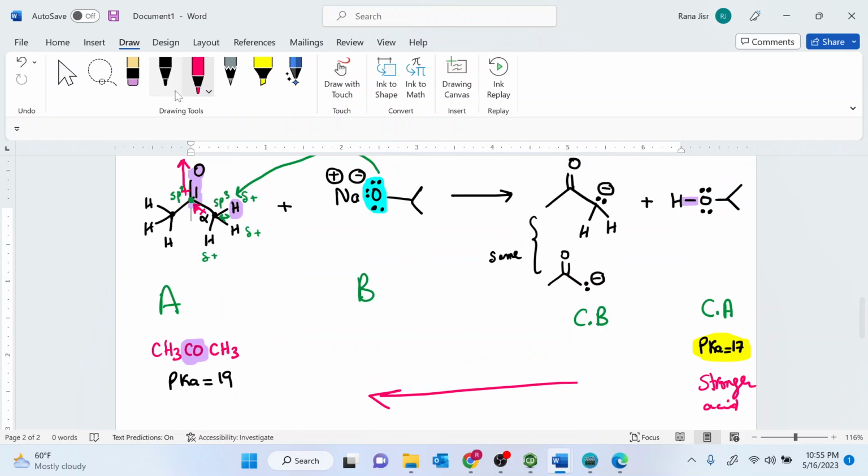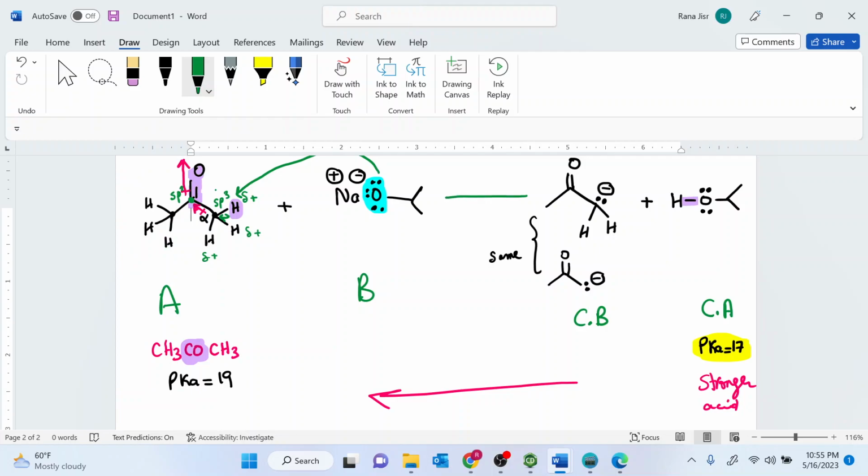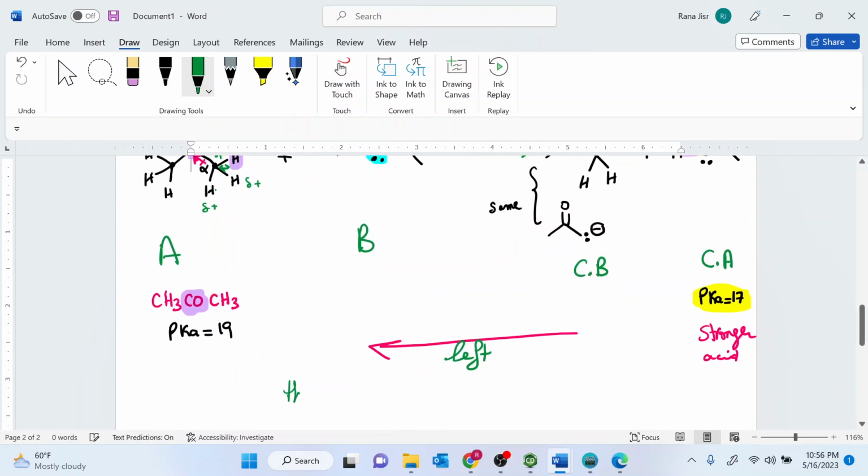So when I am drawing the direction of equilibrium in this case, it is going to be towards the reactants and a little bit towards the products. This means that the reaction lies to the left, and if the reaction lies to the left, the reaction does not happen as written.